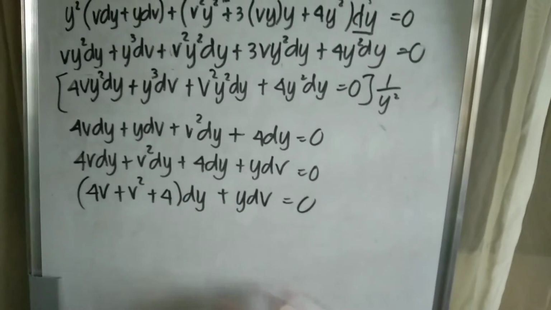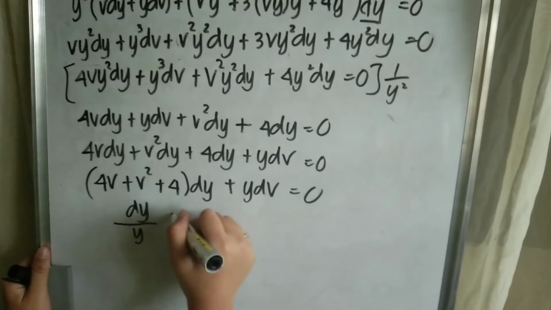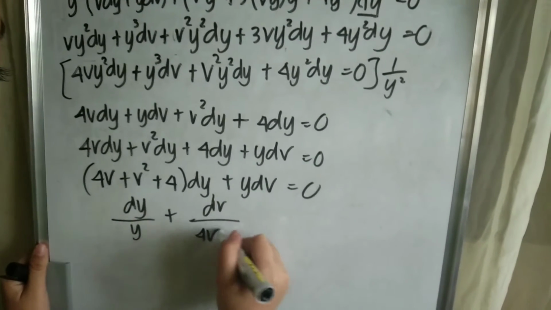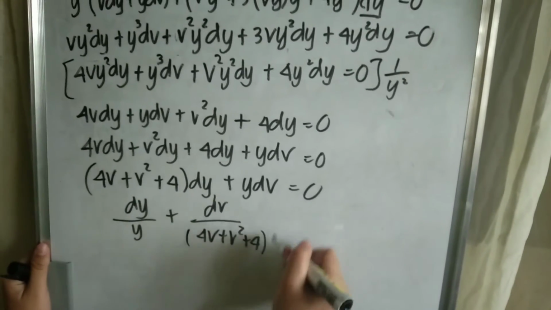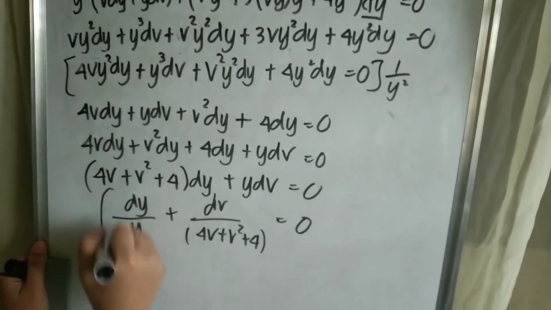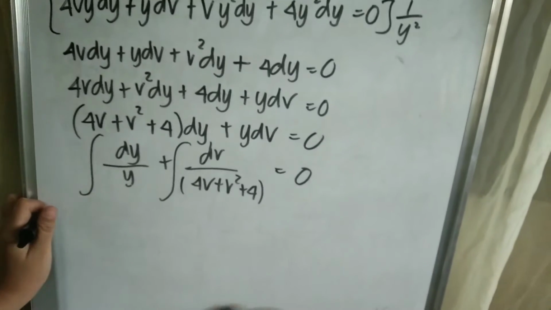So we can now proceed to variable separable. This will become dy over y plus dv over v squared plus 4v plus 4 equals 0. And then we can finally integrate the terms.